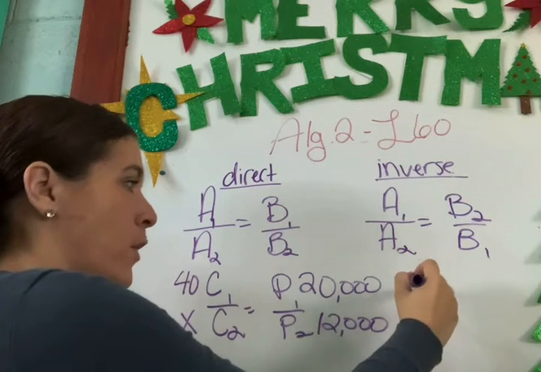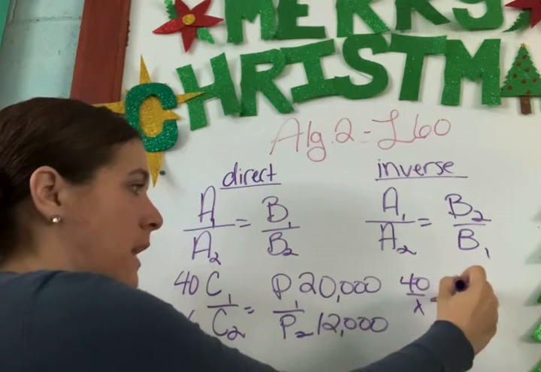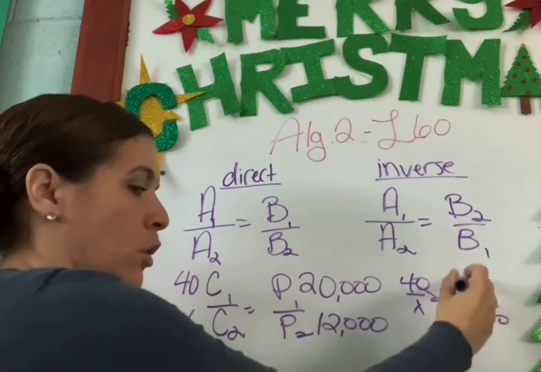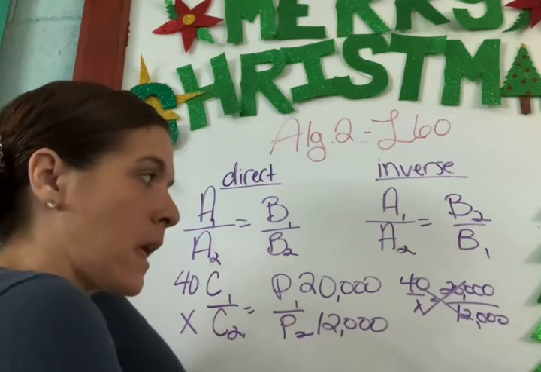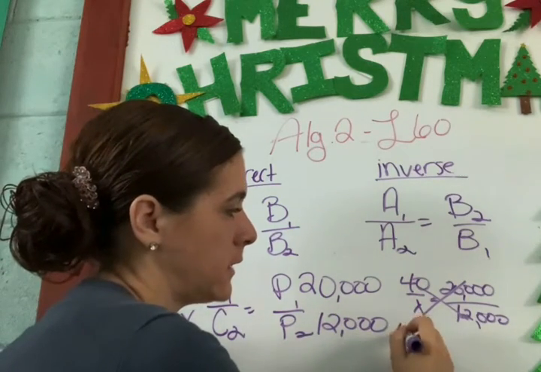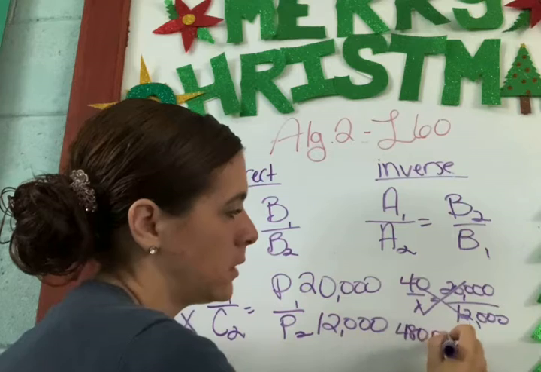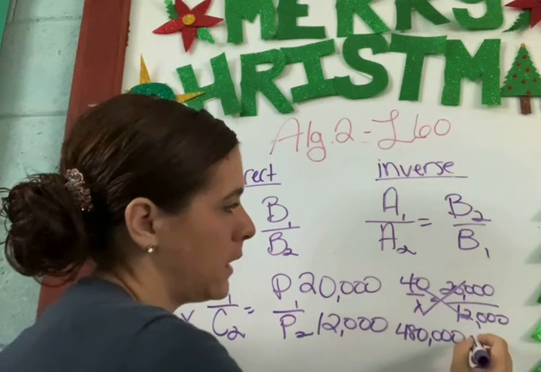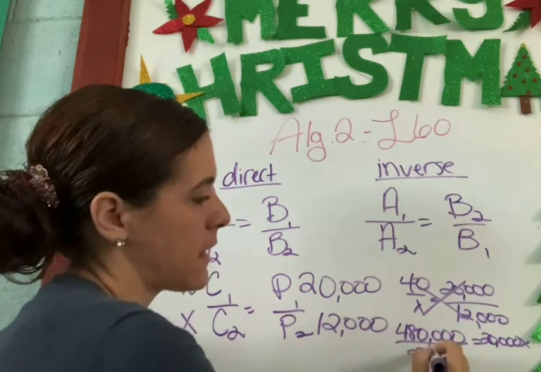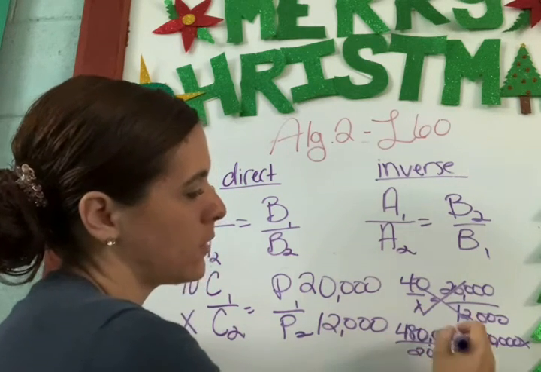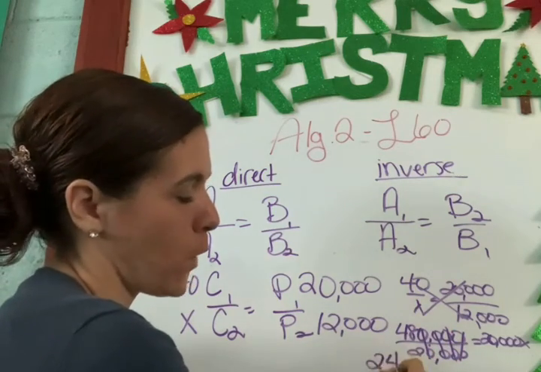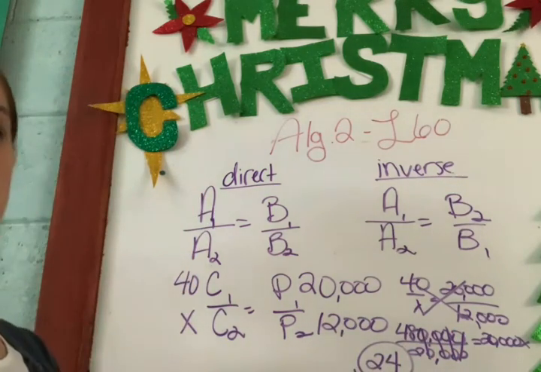So we set it up: 40 over X equals 20,000 over 12,000. We crisscross and multiply. That's 480,000 equals 20,000X. Divide by 20,000, that's 48 over 2, which is 24.